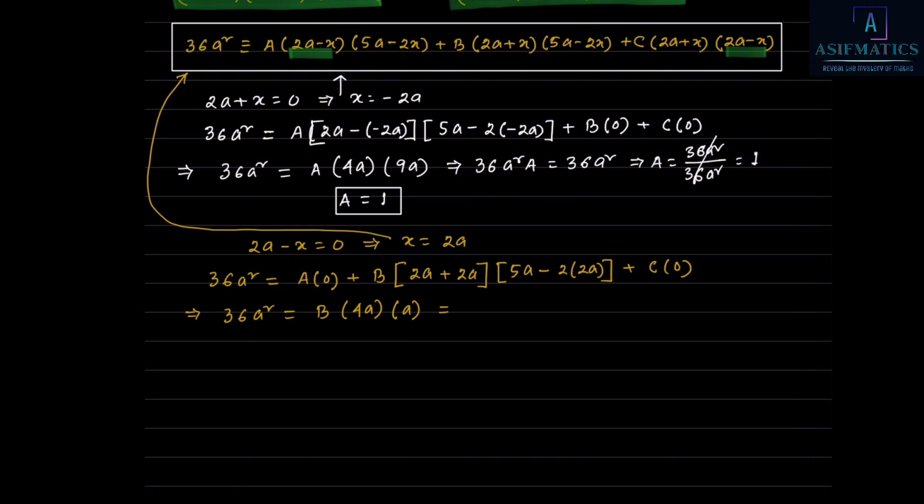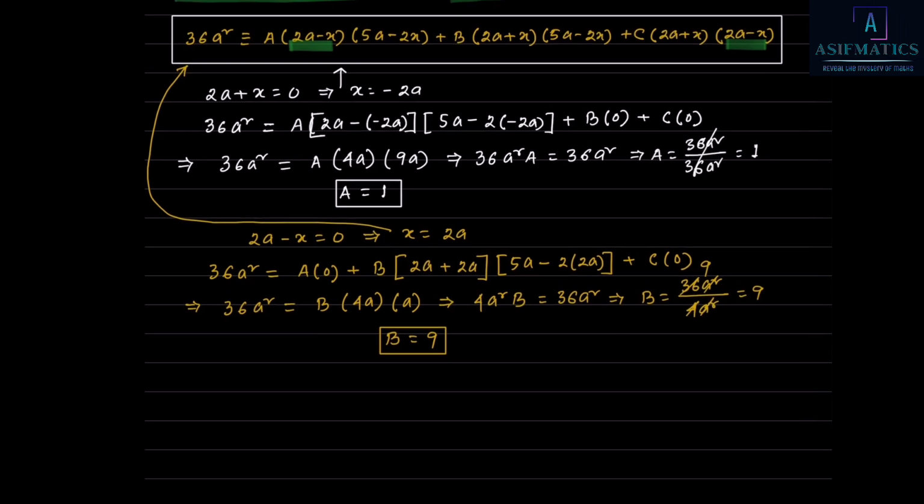So we now have 4a square into b equals 36a square, or we can write b equals 36a square divided by 4a square. The a square cancels out, and 36 divided by 4 is 9. So we get b equals 9.